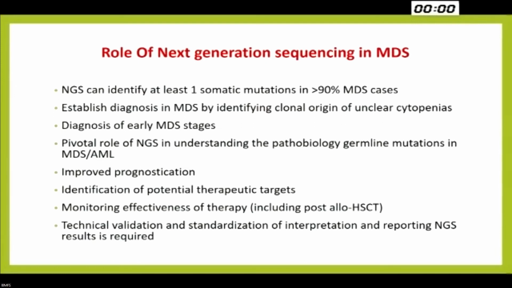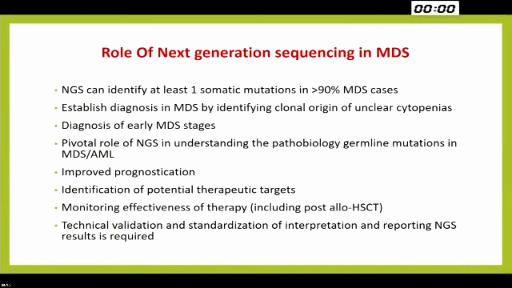Diagnosis of early MDS. A pivotal role of NGS is in the understanding of the pathobiology of the germline mutations. Sometimes you have RUNX1, DDX41, and other genes which are present in the germline, and you may study them. It improves prognostication. Like yesterday we discussed isolated 5q minus.